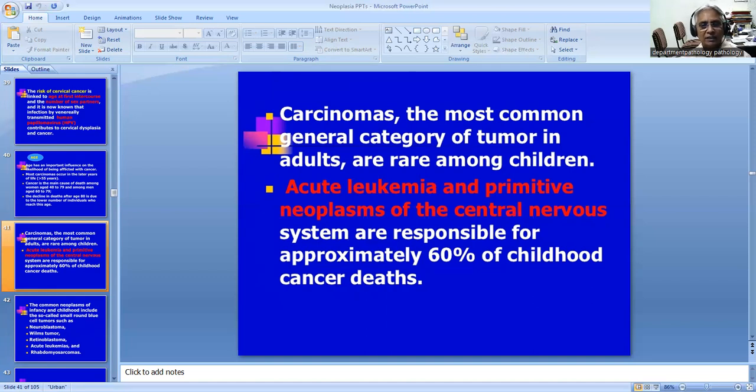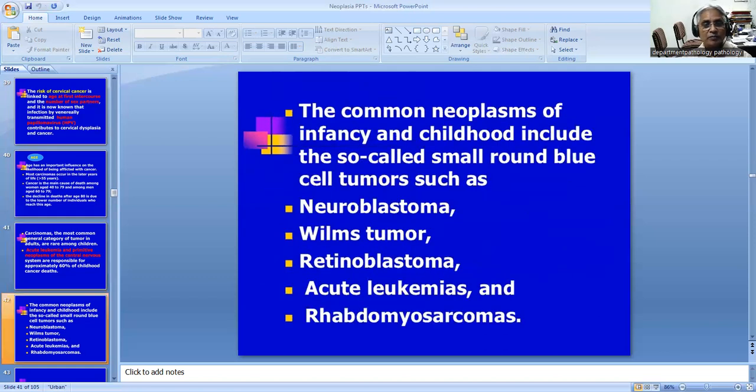So in childhood, 60% of cancers are due to either acute leukemia or primitive neoplasia. The common neoplasms of infancy and childhood are neuroblastoma, Wilms tumor, retinoblastoma, acute leukemia, and rhabdomyosarcoma. These common childhood or infancy tumors are also known under a common group, small round blue cell tumors.